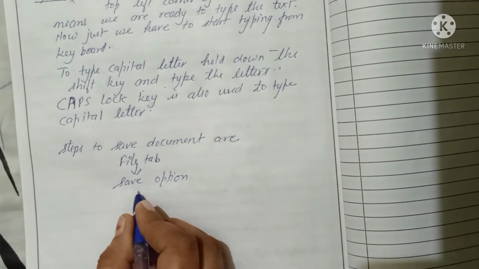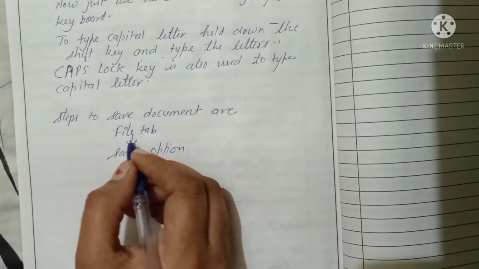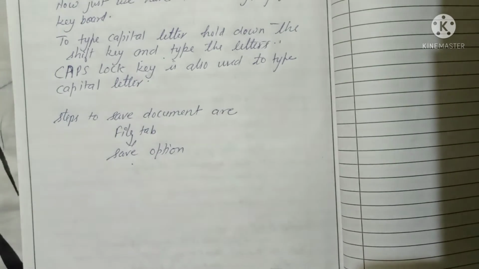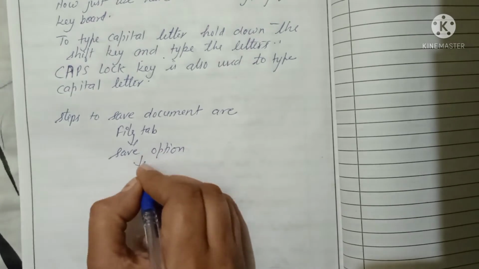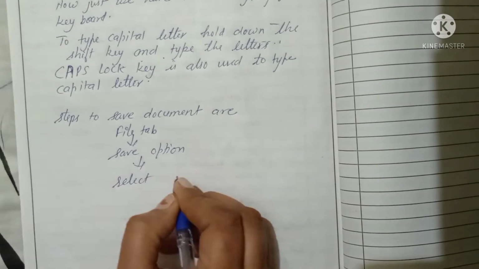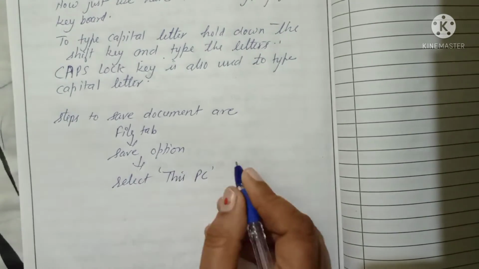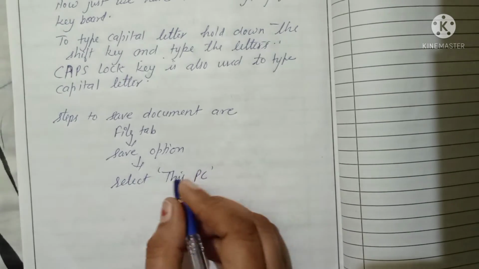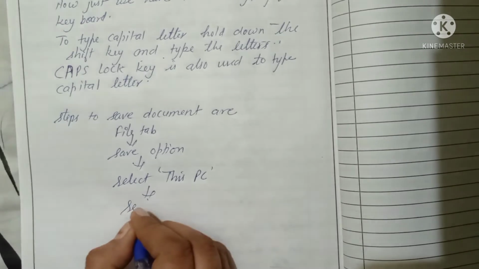As you click on the save option, from the appeared list you get the save as dialog box. From the save as dialog box you have to select this PC and then select the desktop folder.